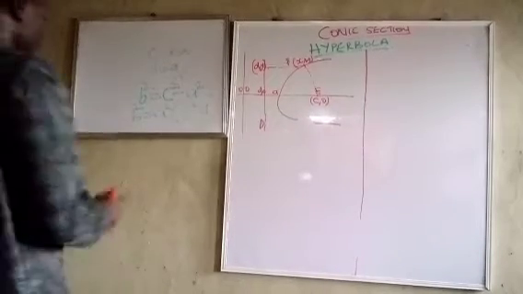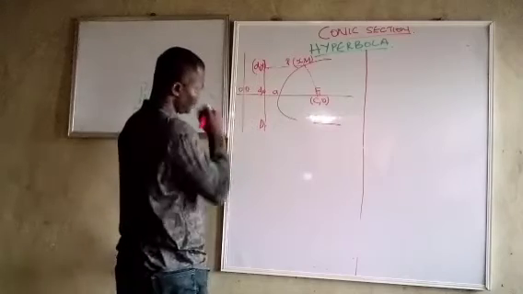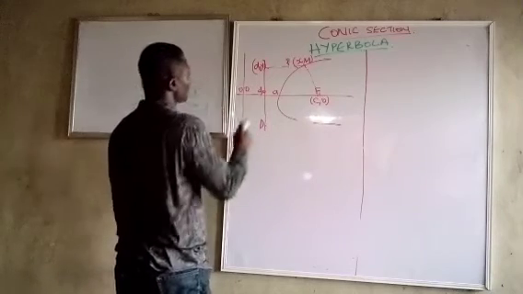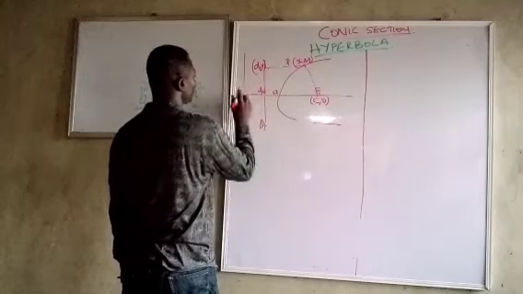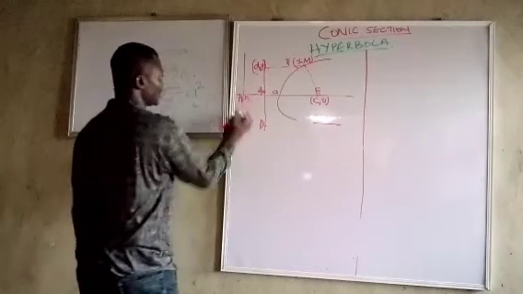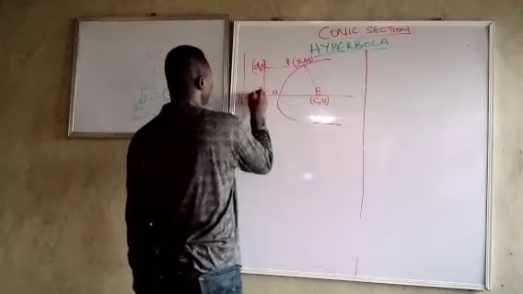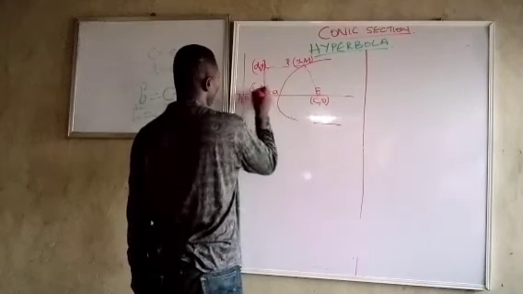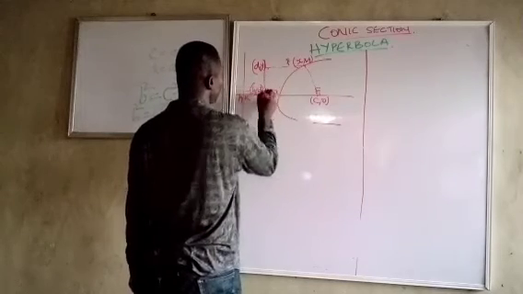Now let us see if the center is moved away from (0, 0) and we have it to be (h, k), the center here, the reference point. This place will be (h plus d, k).